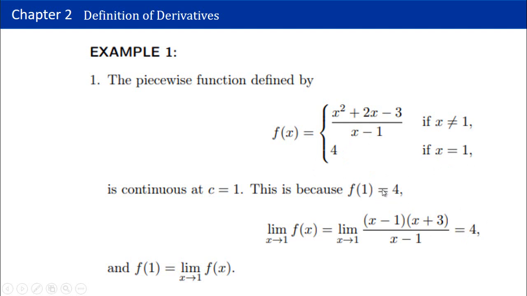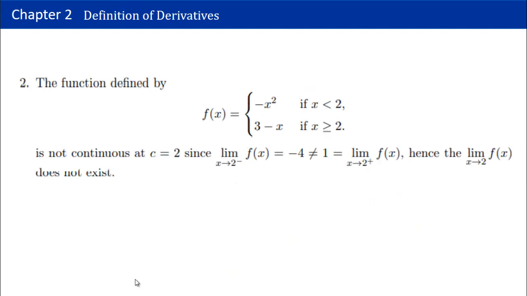That means ang graph natin ay walang hole. That means the limit is equal to f of c, and therefore this function is continuous, and if continuous, it means it is differentiable.